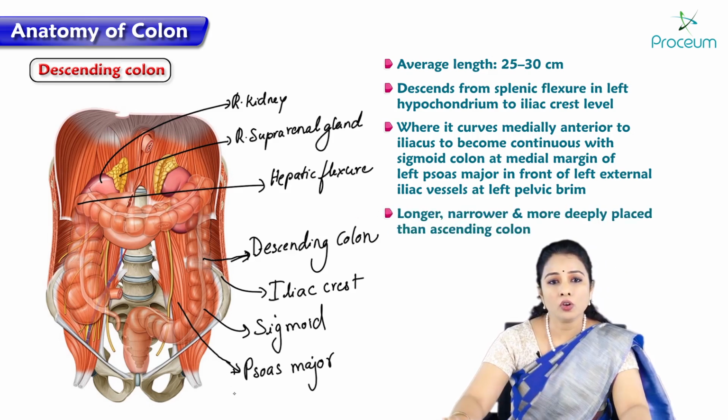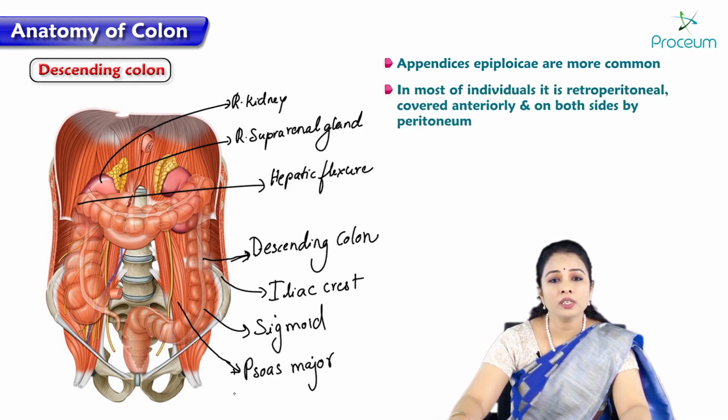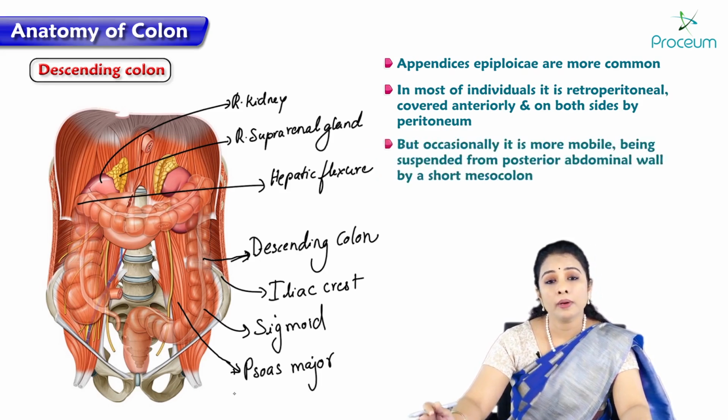Descending colon is longer, narrower and more deeply placed than the ascending colon. Appendices epiploicae are more common in this part of the colon. In most of the individuals, it is retroperitoneal, covered anteriorly and on both the sides by peritoneum. But occasionally the descending colon is more mobile, being suspended from the posterior abdominal wall by a short mesocolon.